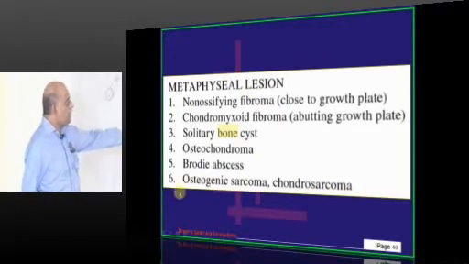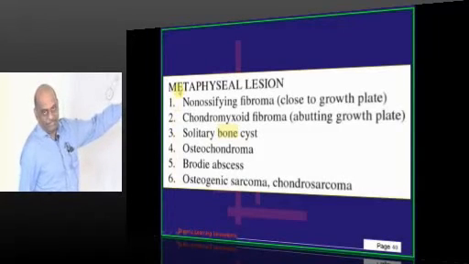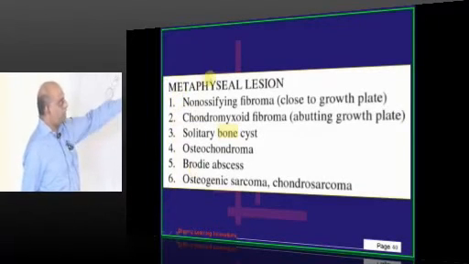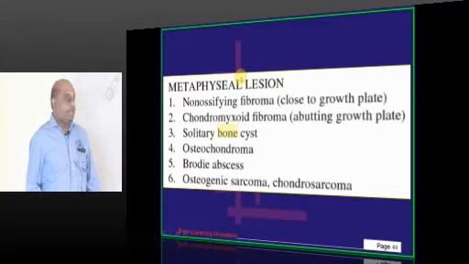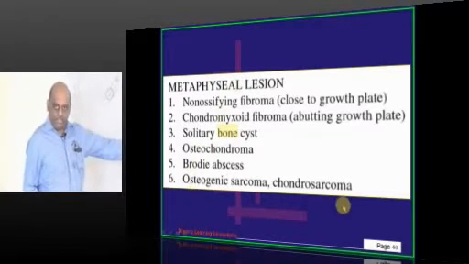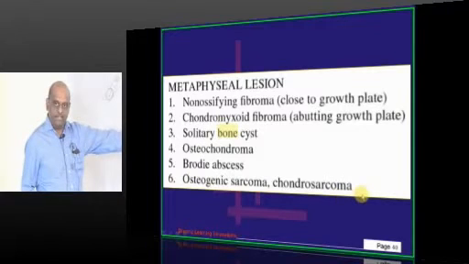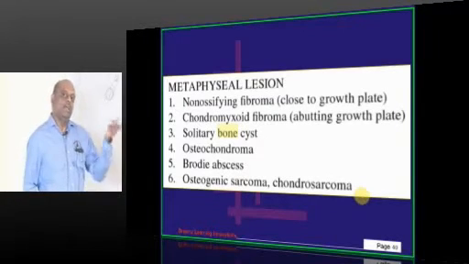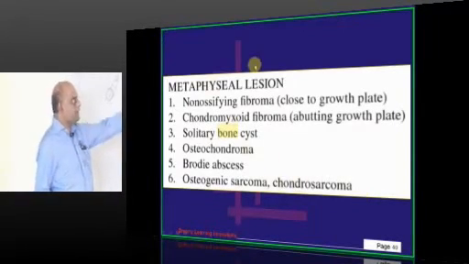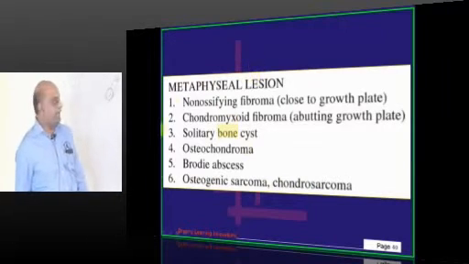Already we said osteo, O is closer to the letter M. So you remember osteogenic sarcoma is metaphyseal. If bone is osteogenic, what is cartilaginous? Chondrosarcoma. Even chondrosarcoma is also metaphyseal.